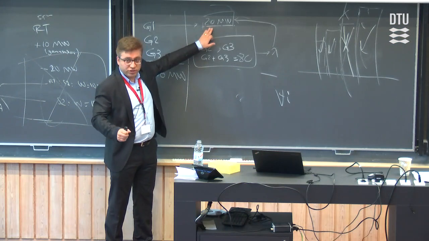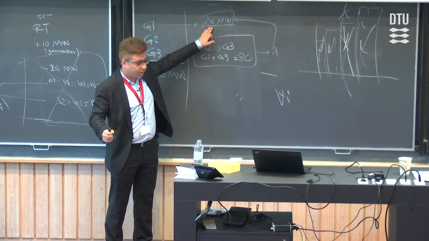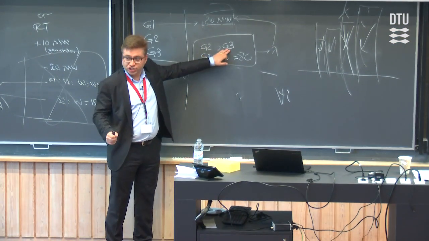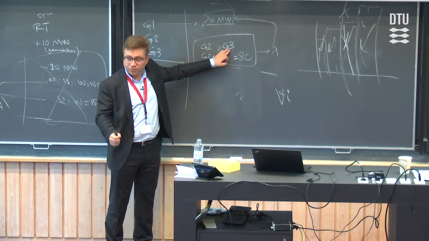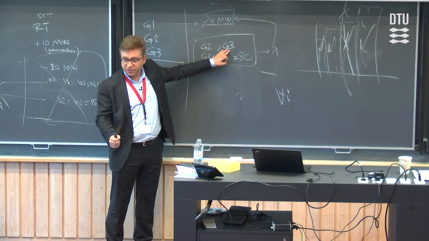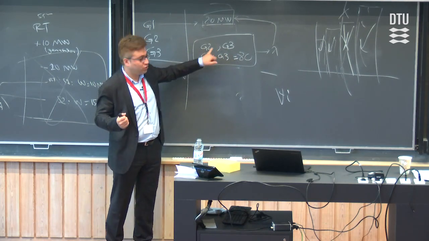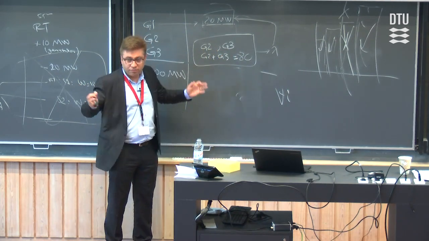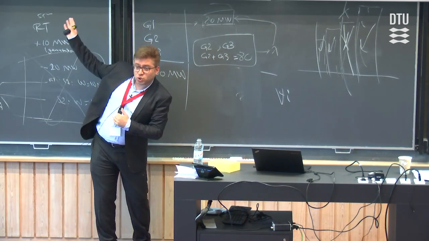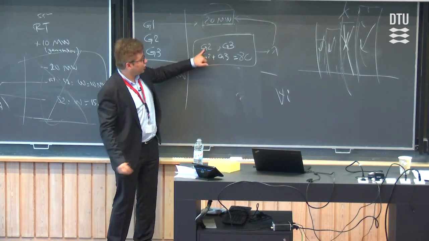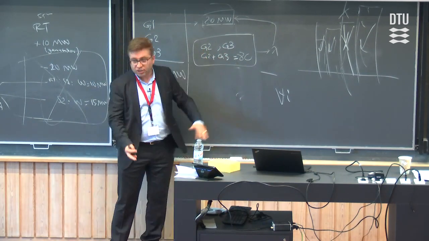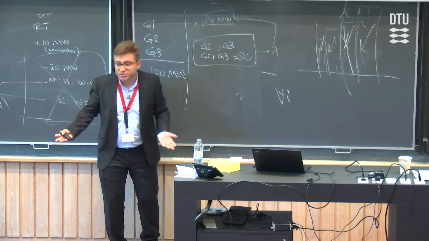It's fixed. Who decides this? G1 itself. But the production of G2 and G3 will be determined in the market by the market operator. Yes, so the market operator will receive the offers from G2, G3. Then the market operator solves the LP problem and will say, okay, G2, you need to produce 40 megawatt.